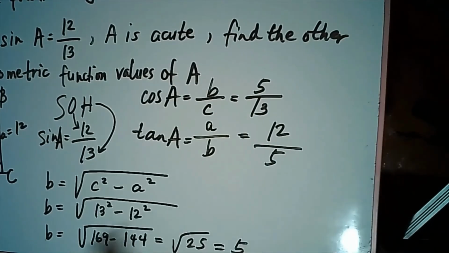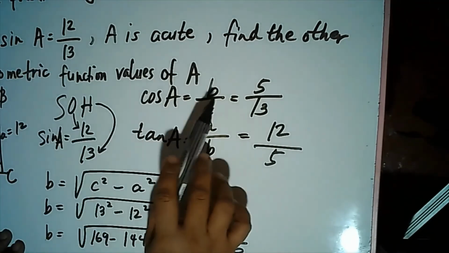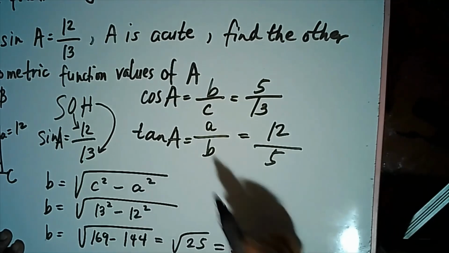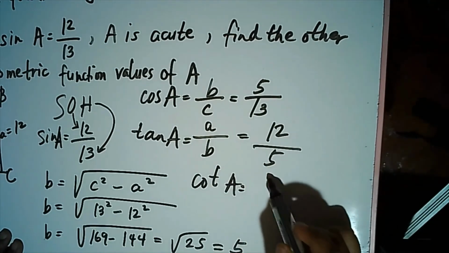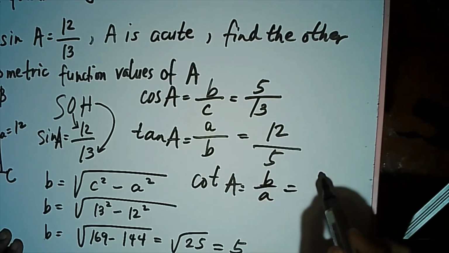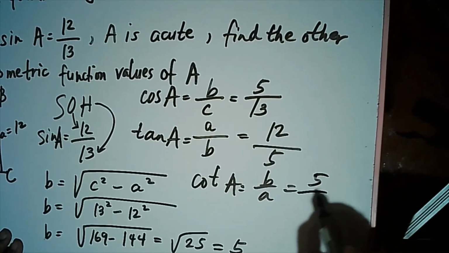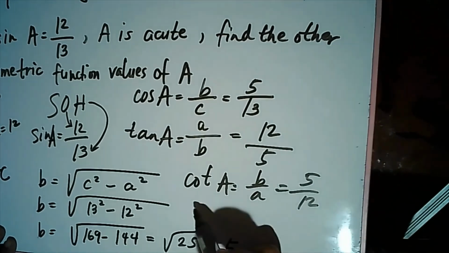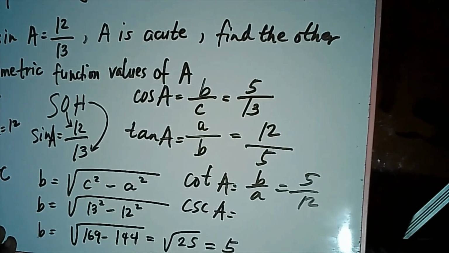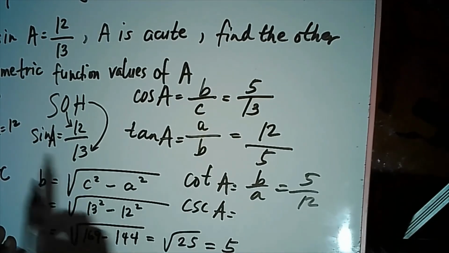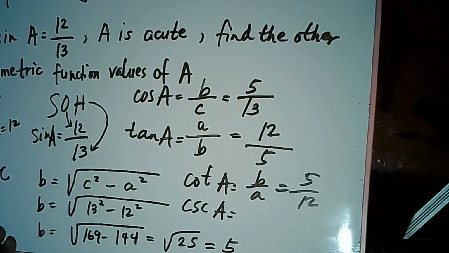So the other 3 trigonometric functions are just the reciprocal of the first 3. So the cotangent A is equal to b over a, or 5 over 12. Then the cosecant A is equal to the reciprocal of sine. Sine is opposite over hypotenuse, or a over c.